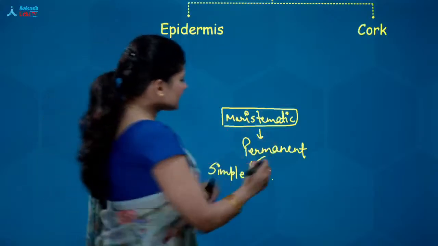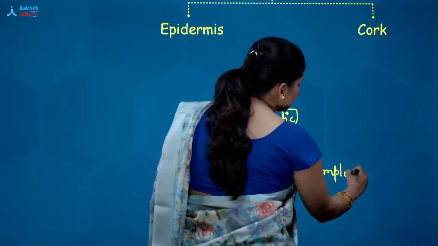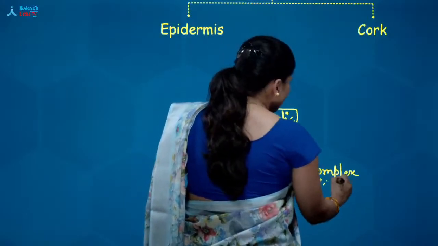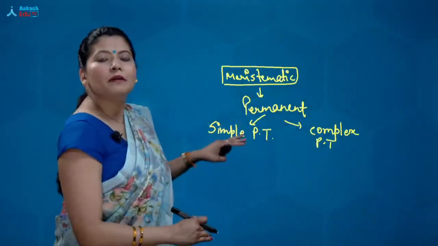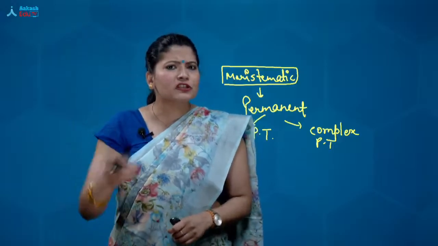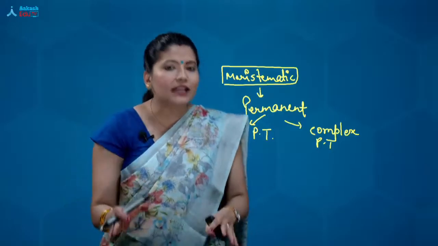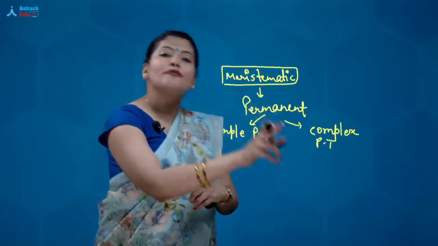Then after that we will study about the complex permanent tissues. But you know what happens, that in between the simple permanent tissue, plants के case में simple permanent tissues, they get modified at certain specific locations and lead to the formation of protective tissue.